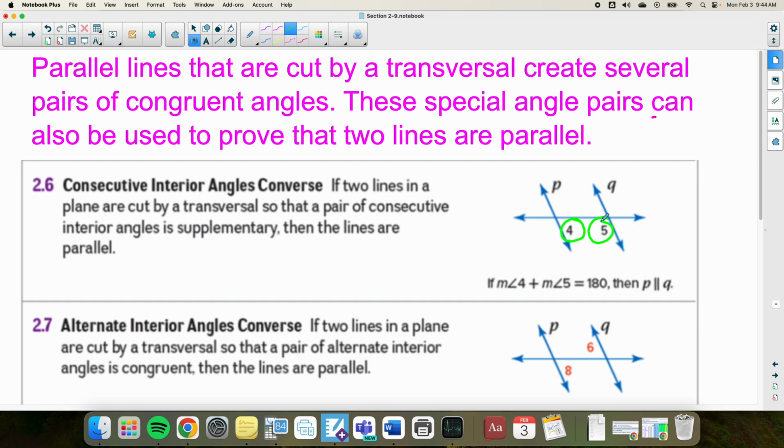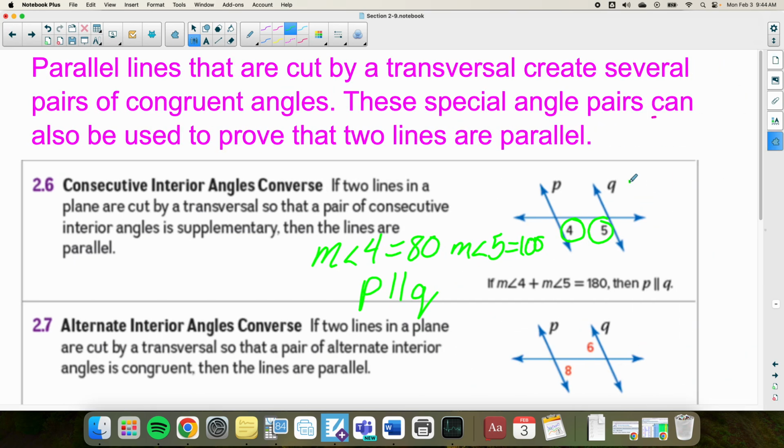And if they're consecutive interior and add up to 180, that is enough to say these two are parallel. So maybe they tell us the measure of angle 4 is 80 and the measure of angle 5 is 100. Since those two add up to 180, you can then say that P is parallel to Q.